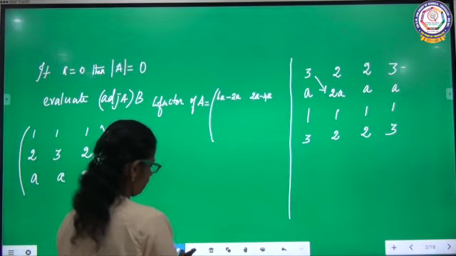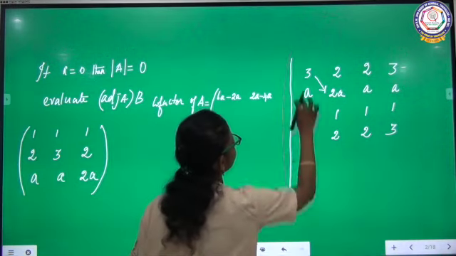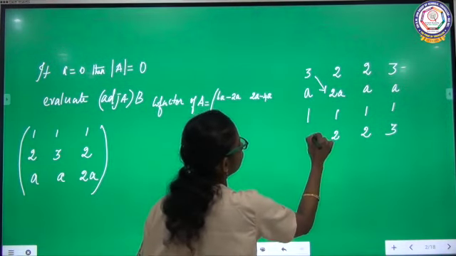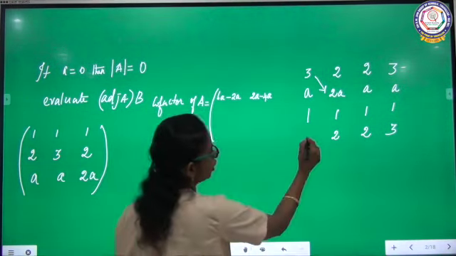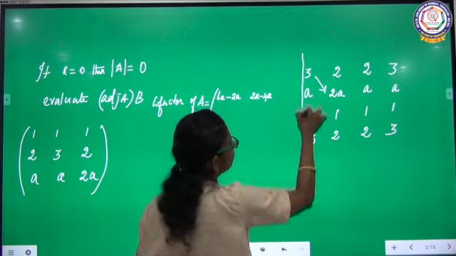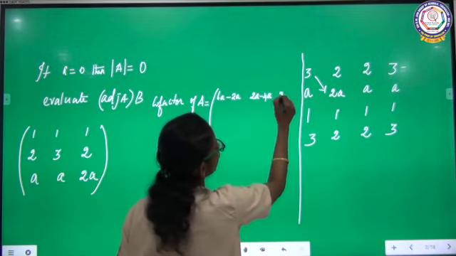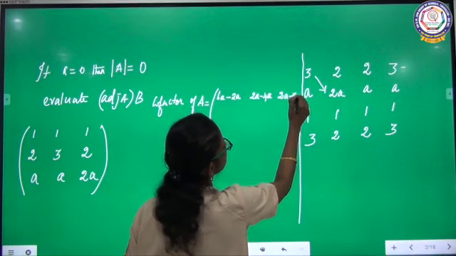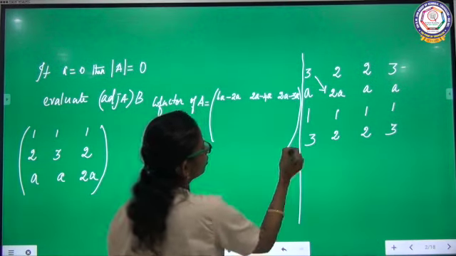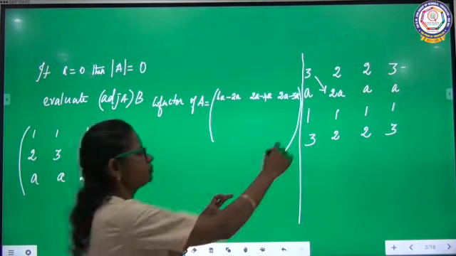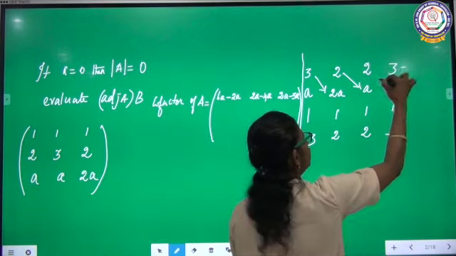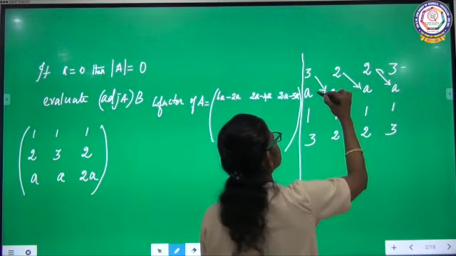2A minus 3A. Next, you should draw the arrow like this.